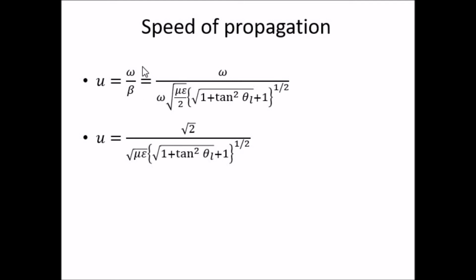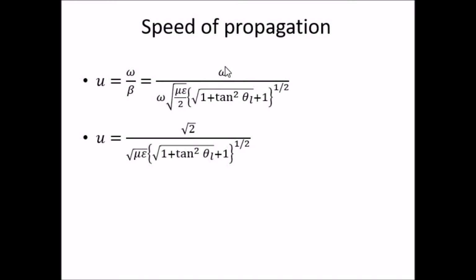dielectric. The formula is omega over beta, and the beta expression we found in the previous slide. So we replace this and you can find the propagation speed. Now if you simplify this expression, you can get this one.